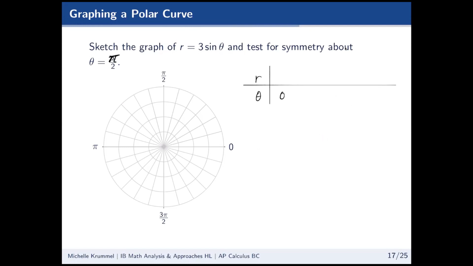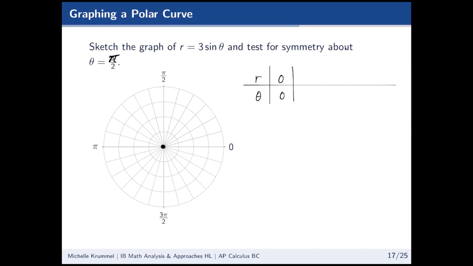Okay, let's plot some points here. We'll start with a theta value of 0. r equals 3 sine 0. The sine of 0 is 0, so r equals 0. That's right there at the pole. Then I'm looking at my equation to choose something that's going to be easy to substitute in for theta.